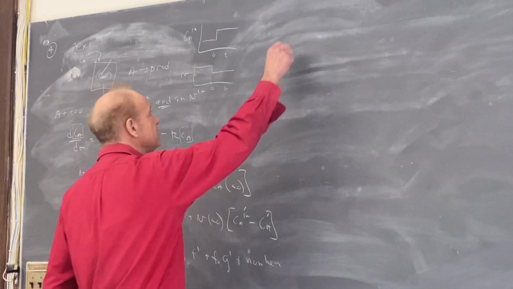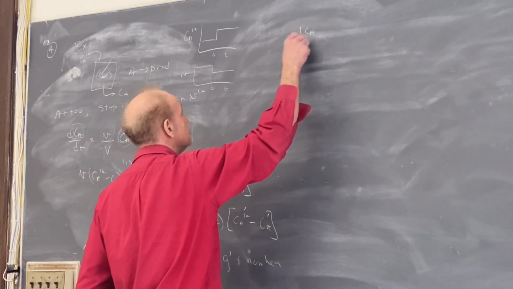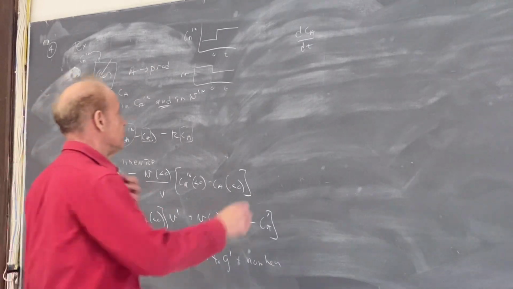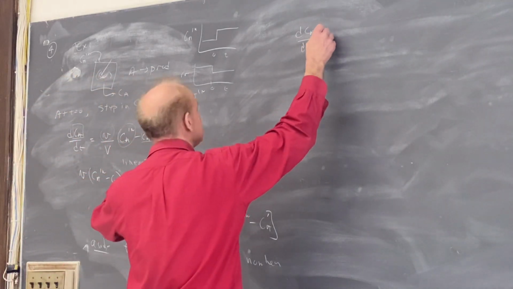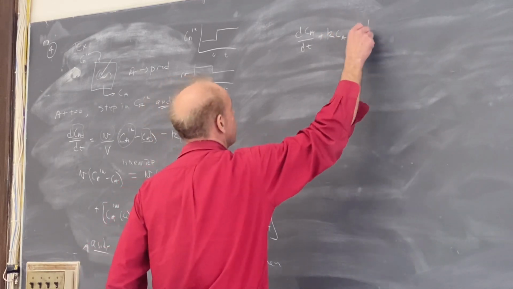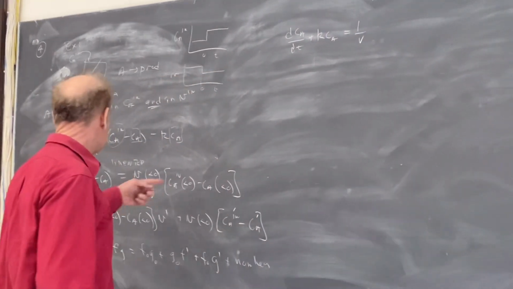So I have dCA dt is equal to, and let's bring the kCA to the other side. So that's equal to 1 over V times all these guys.